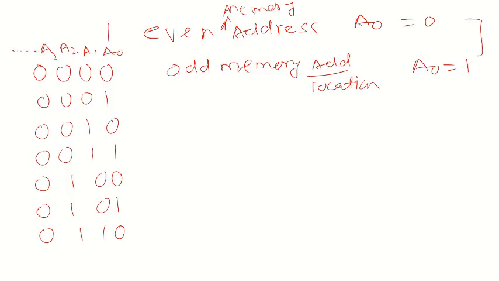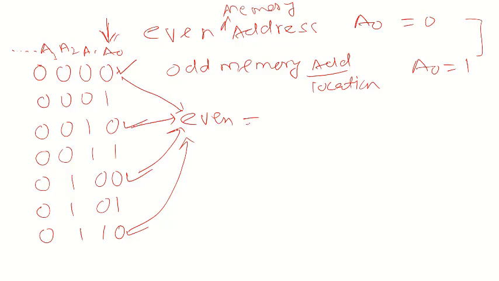We are only talking about A0. Whenever A0 is 0, this is an even number, this is even, this is even. So for the even memory location, A0 will be 0.